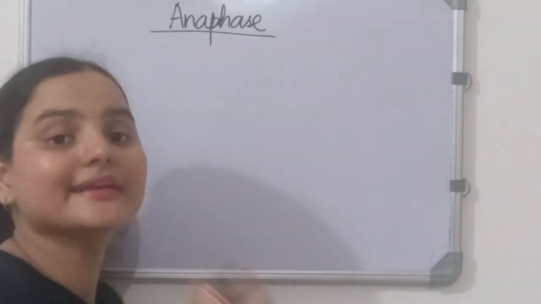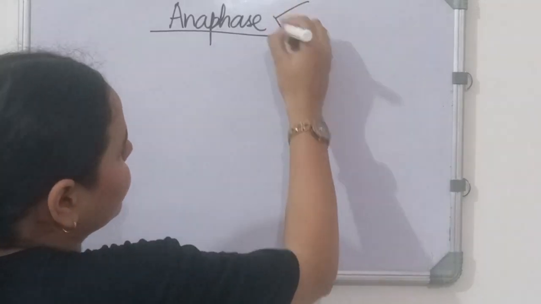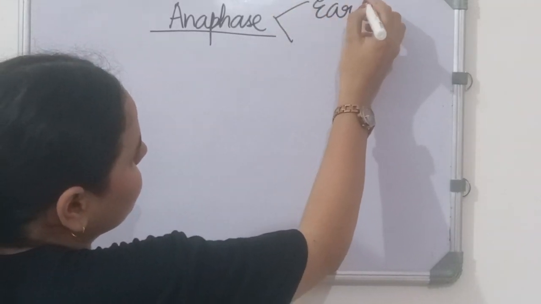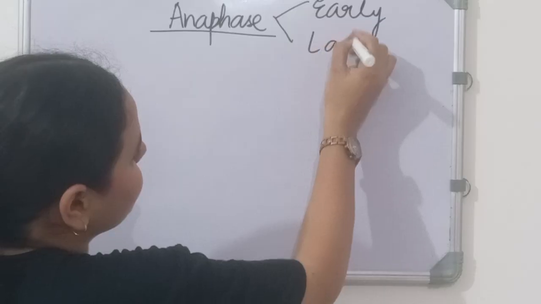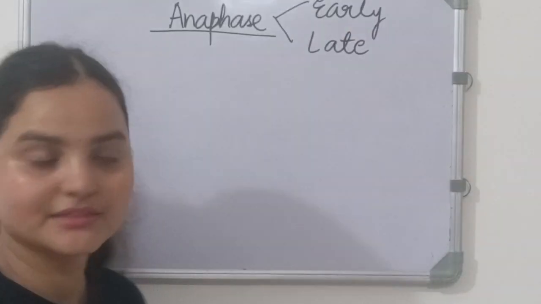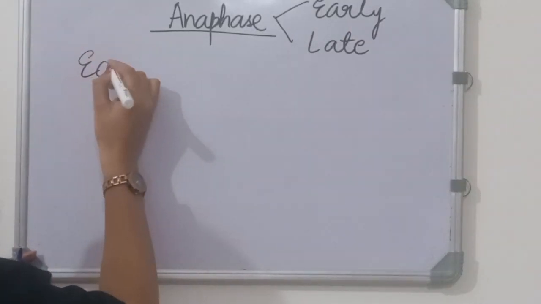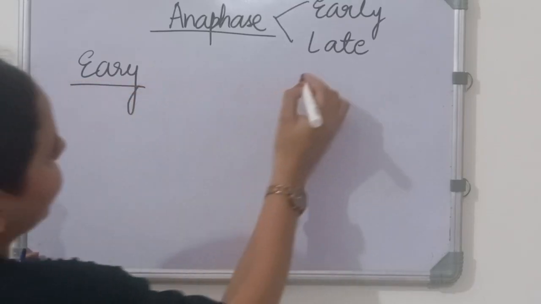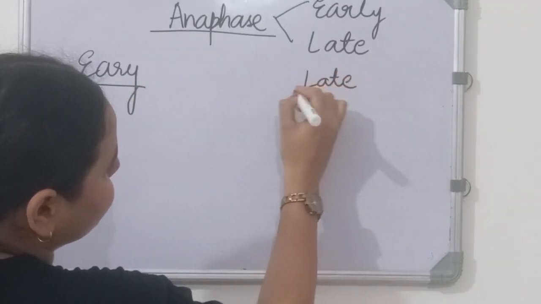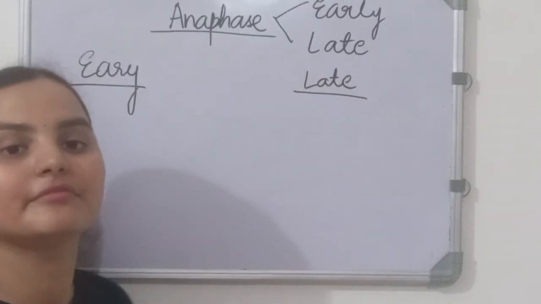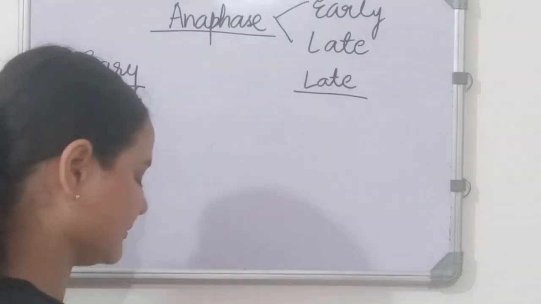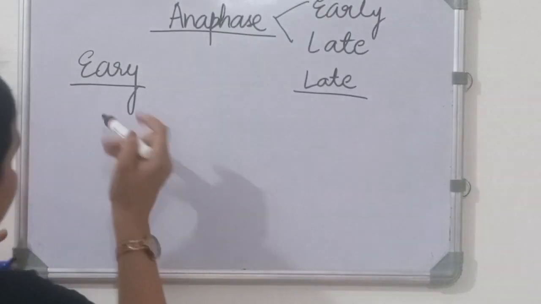In anaphase also we will study early anaphase and late anaphase. So let's first draw early and late anaphase in case of animals. Then we will draw in case of plants. So this is the cell.